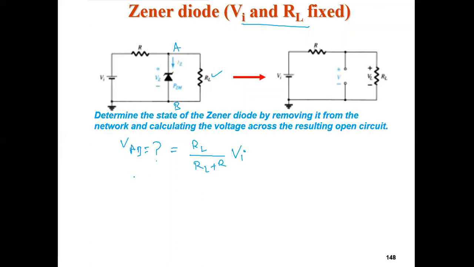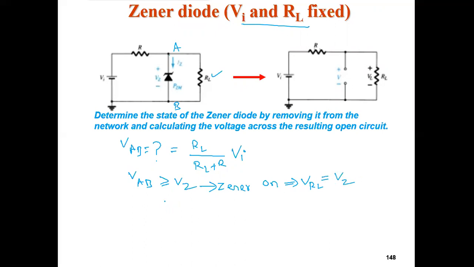Next, I have to check whether this VAB is greater than or equal to VZ. If VAB is greater than VZ, then the Zener will be on. And finally, the voltage across this load resistor will be equal to the Zener voltage VZ.